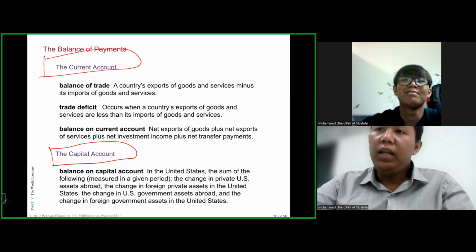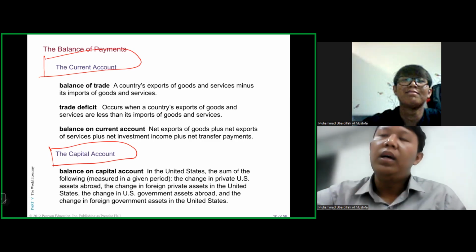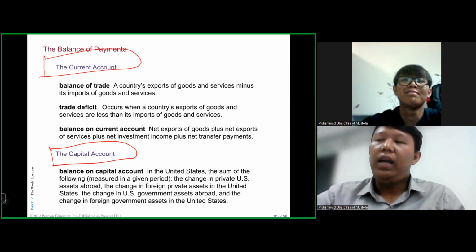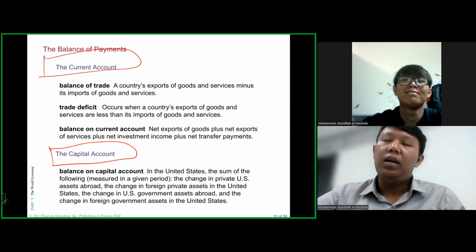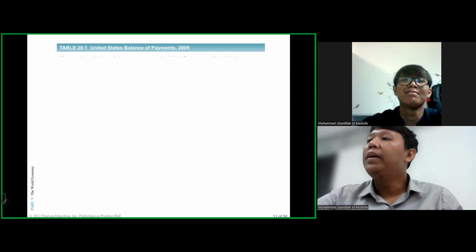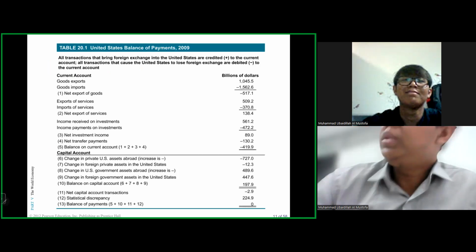The current account usually records the exchange of goods and services, while the capital account usually records the movement of capital between countries, between the local residents or the local investors to abroad, to the foreign countries.